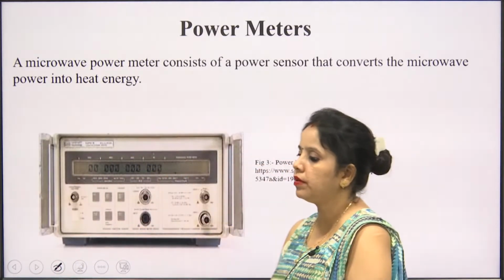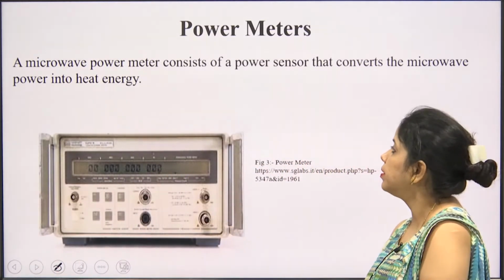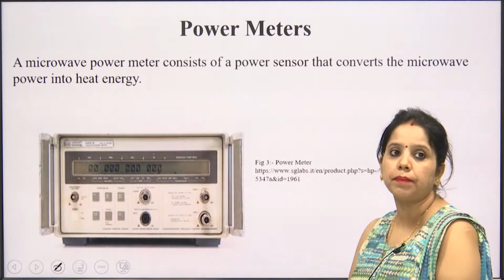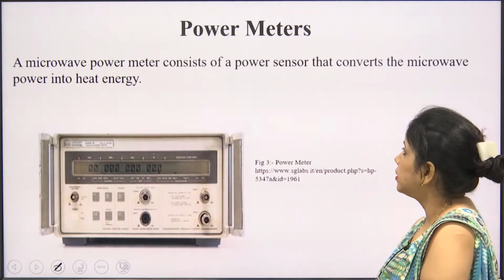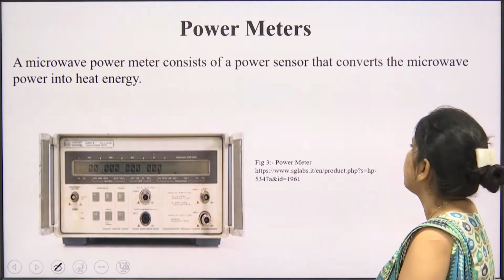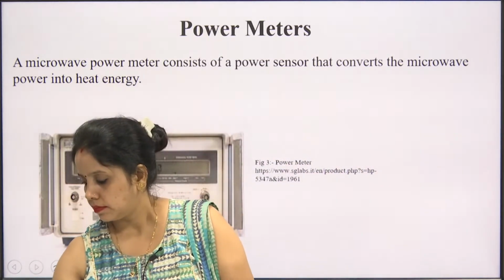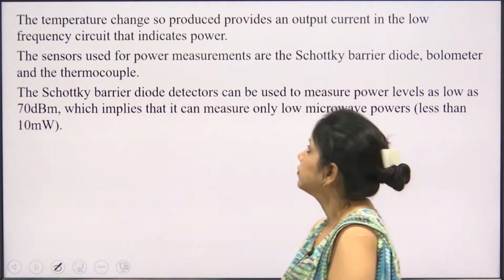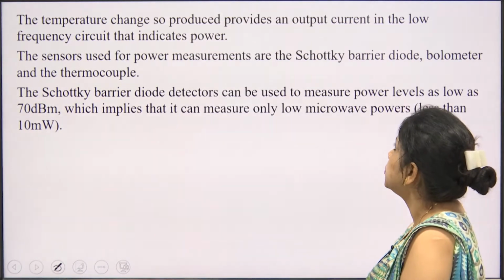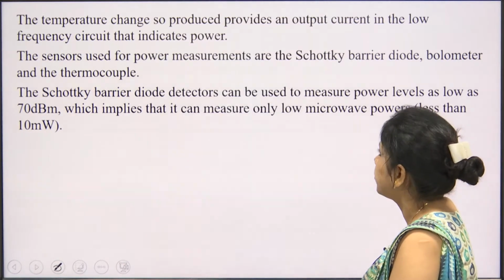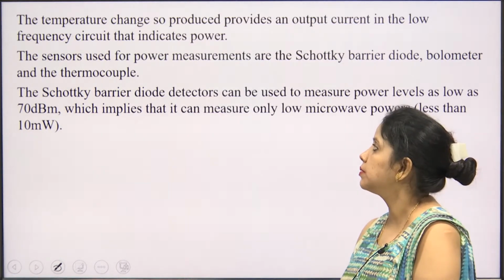Now comes the power meter. A power meter is a device which can measure the power directly and consists of a power sensor that converts the microwave power into heat energy. The temperature change provides an output current in the low frequency circuits that indicates power.